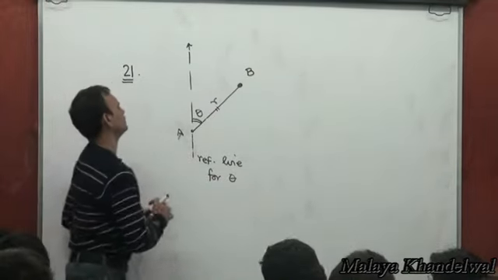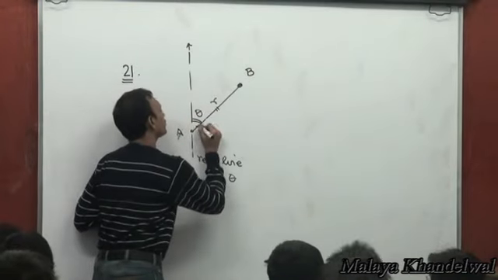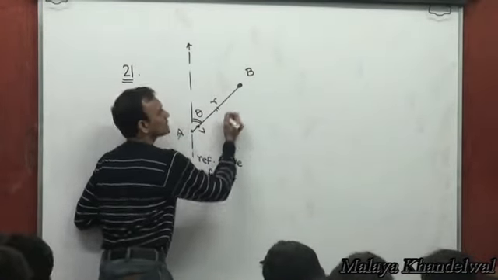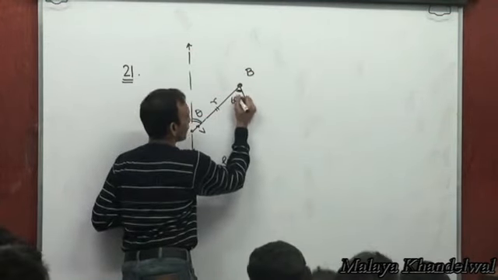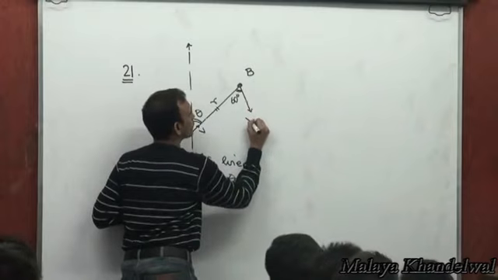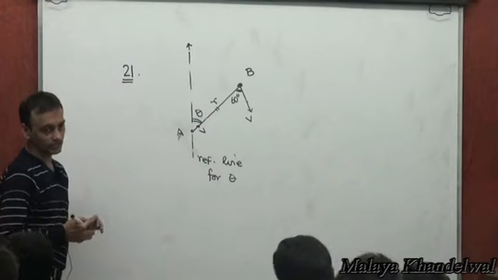Now, one thing for sure, from the ground frame, the velocity of A is V like this, the velocity of B is V like this, right? Absolute velocities.